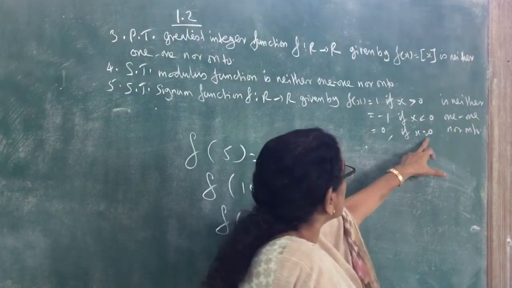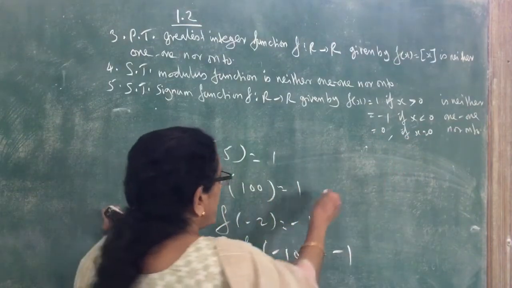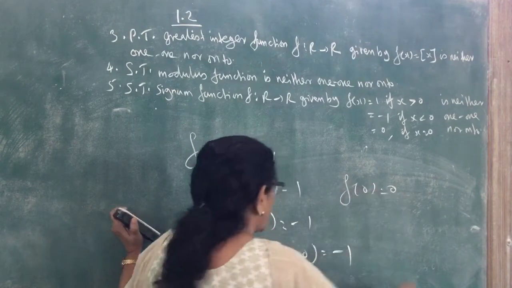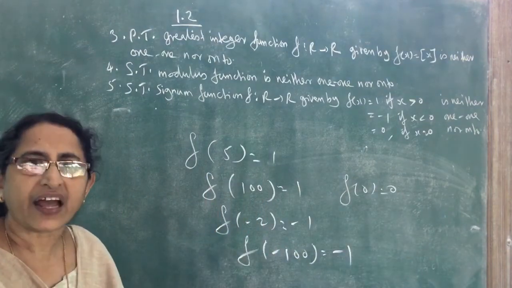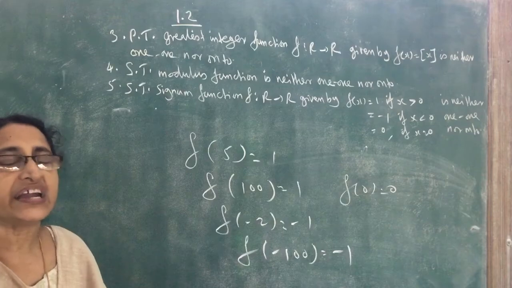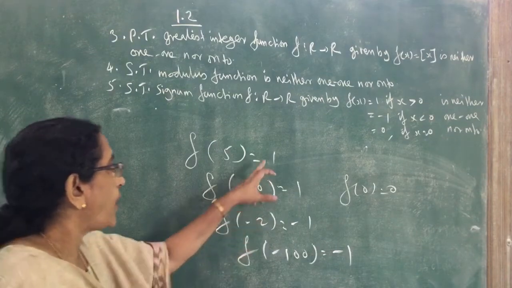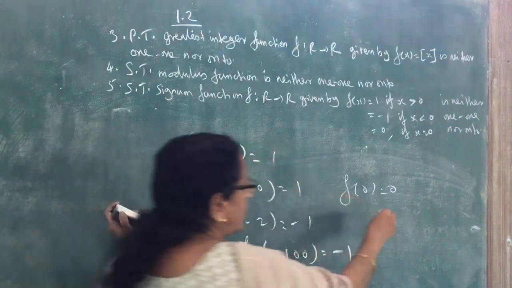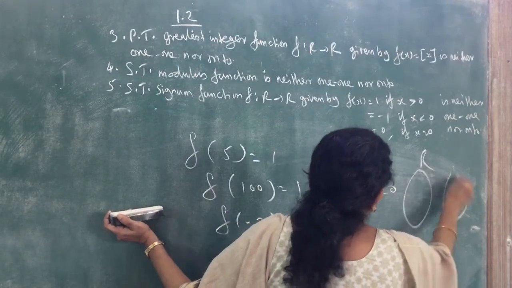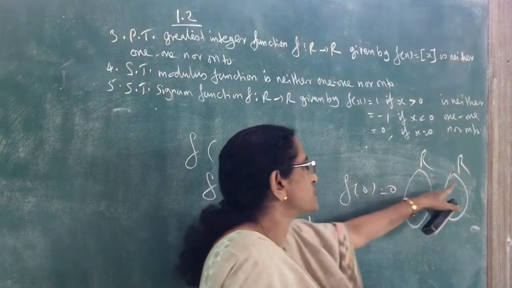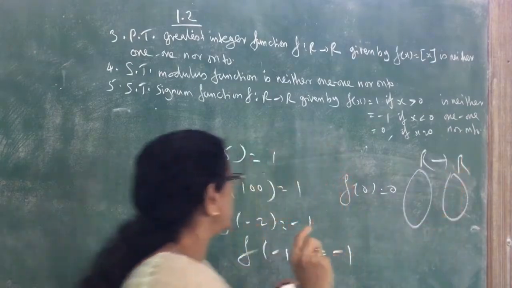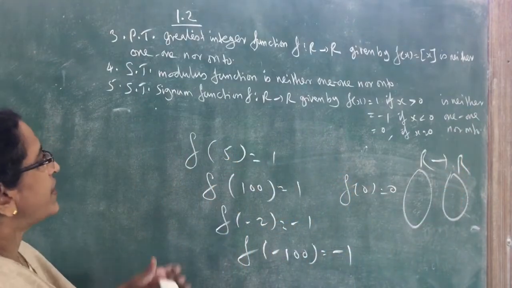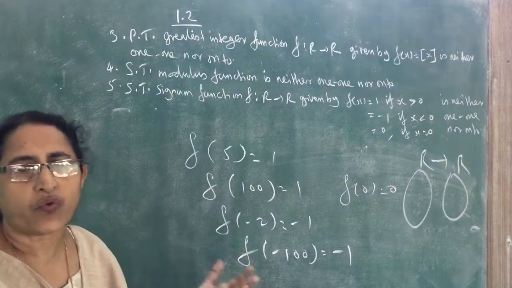When x equal to 0, f of x equal to 0. So for all real numbers, the image is always 1, minus 1, or 0. This is the domain, this is the codomain. Now we get an idea whether it is one-one or onto.